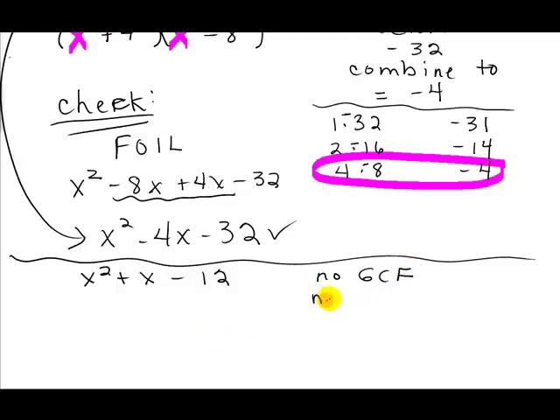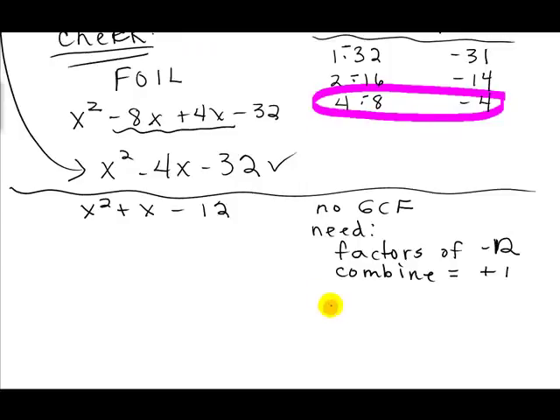We need factors of negative 12 that combine to equal a positive 1. 1 times 12, 2 times 6, 3 times 4 are the factors of 12.